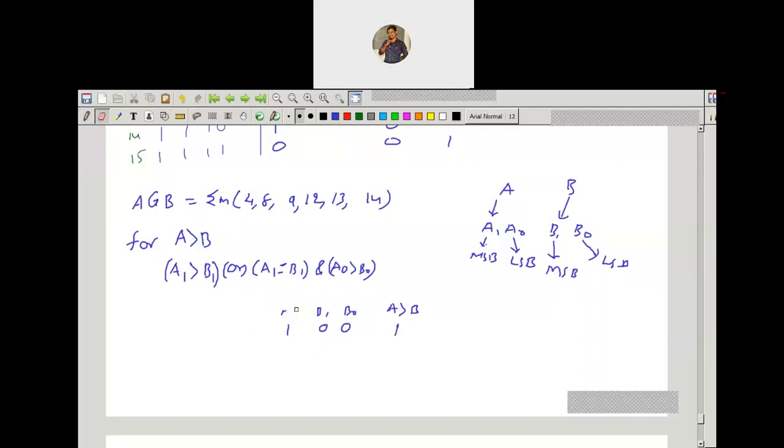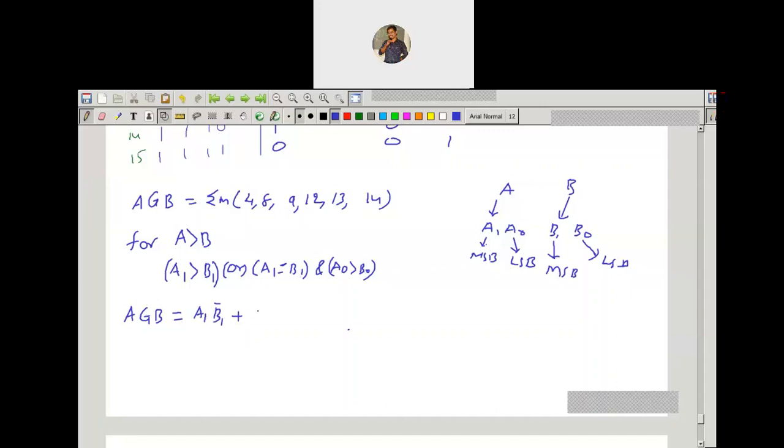That is, you can write A1 more than B1, or A1 equals B1 and A0 is more than B0. So if I write that expression now, A greater than B is equal to A1 more than B1, that is, A1 equals 1, B1 equals 0, or A1 equal to B1.